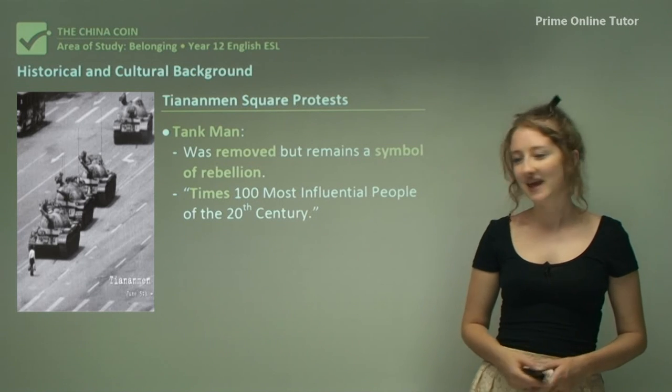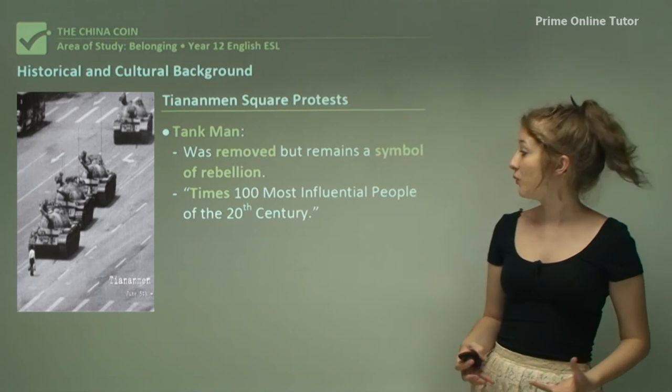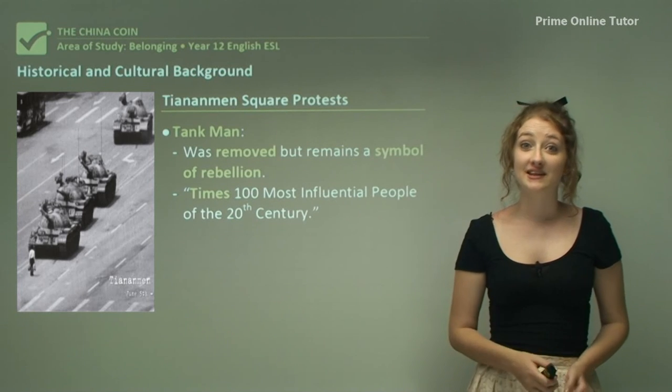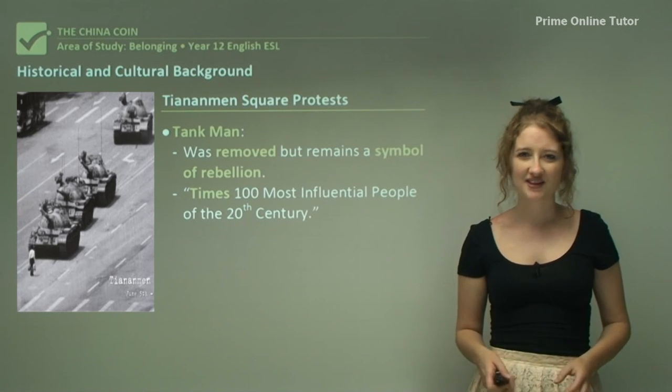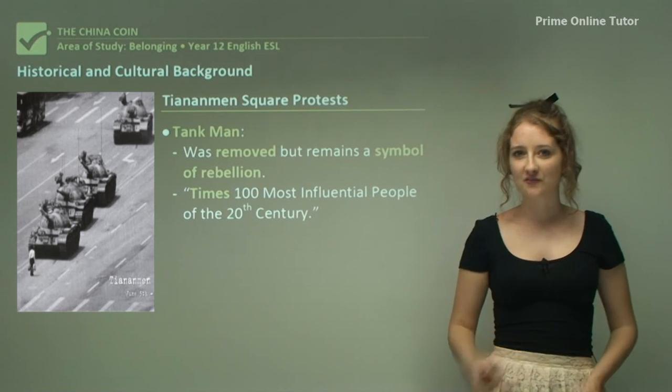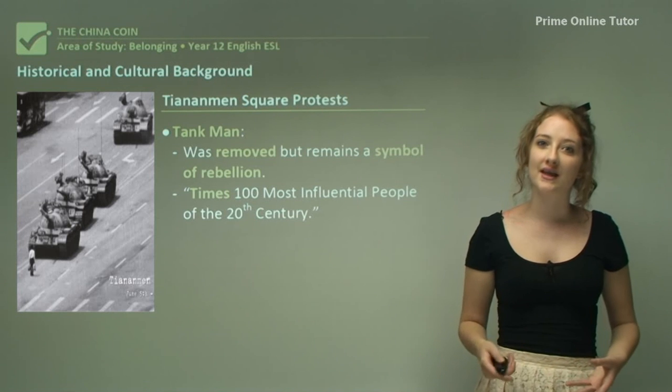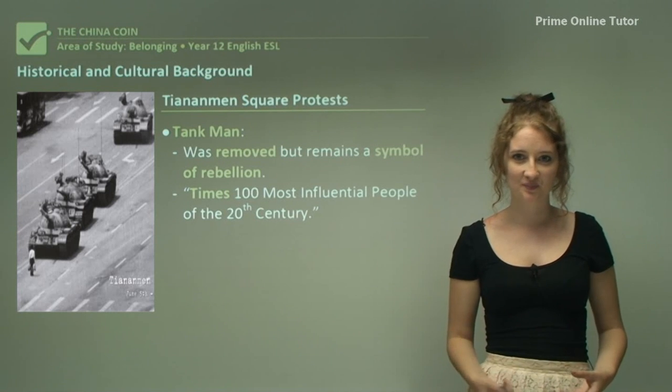Interestingly, he was named on the list of Time's 100 most influential people of the 20th century. That's an indication of just how powerful he was, not only acting as a symbol of this rebellion, but catching the rest of the world's attention and drawing awareness to this historical issue.